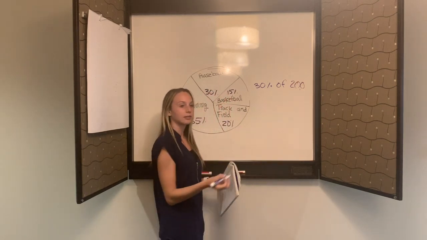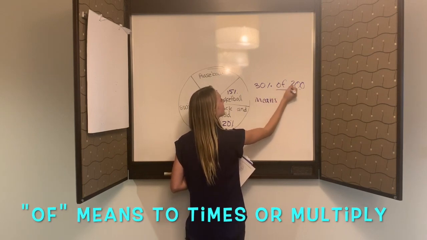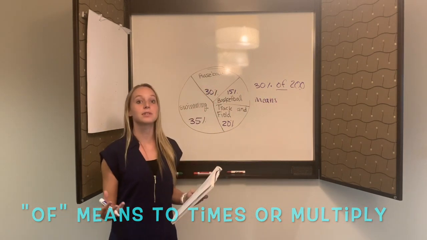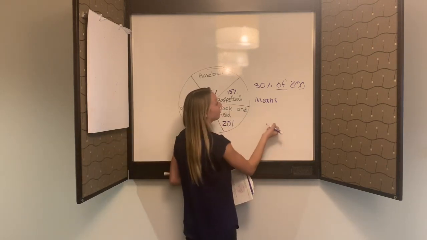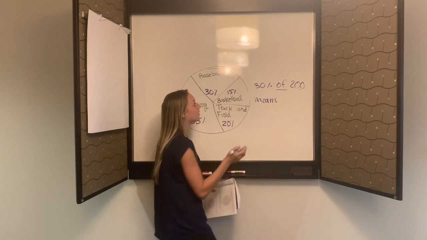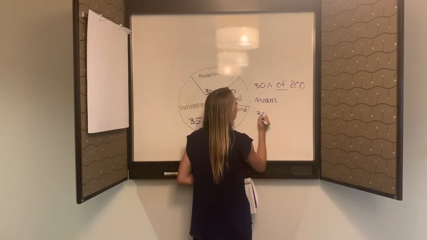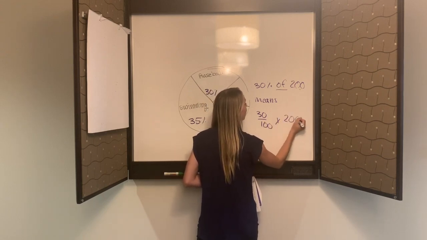What does that mean? So it means, of means basically to times, which we have learned previously. Now 30% of 200, the best way to solve this is to do a fraction. So 30 over 100 times 200.